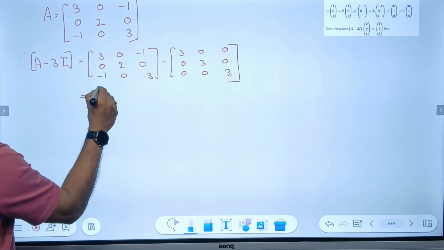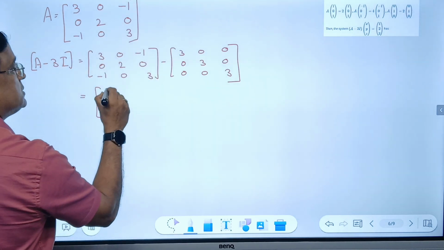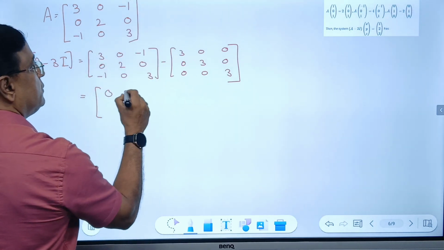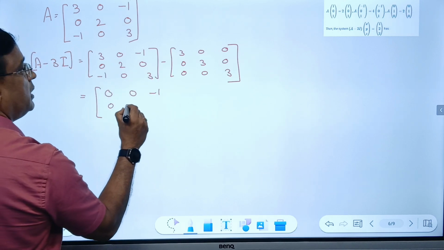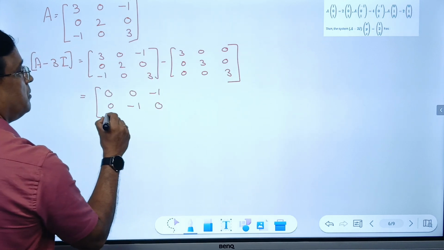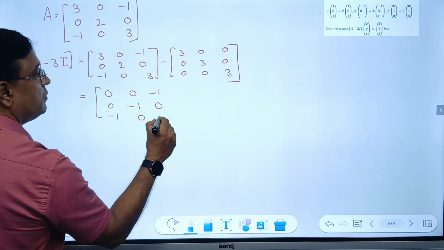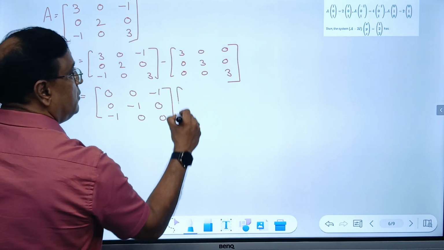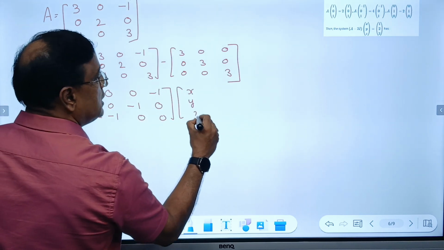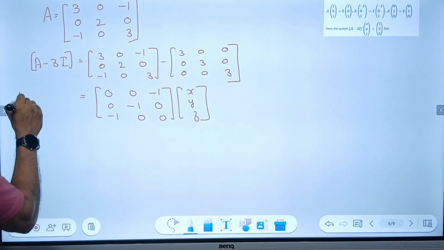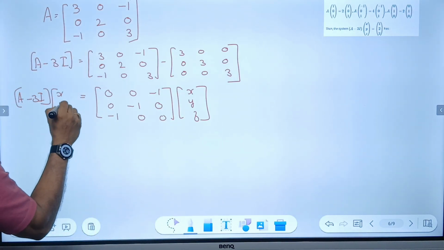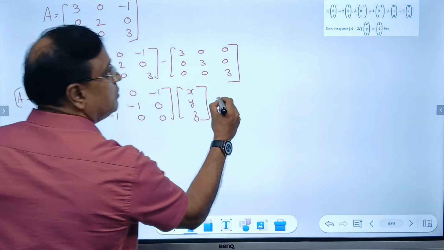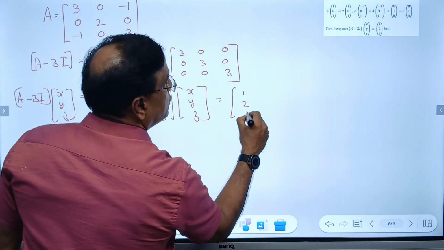When we subtract this, I get 3 minus 3 is 0. You get 0, 0, minus 1, 0, minus 1, 0, minus 1, 0, 0 into x, y, z. I'm talking about A minus 3I into x, y, z equal to 1, 2, 3.